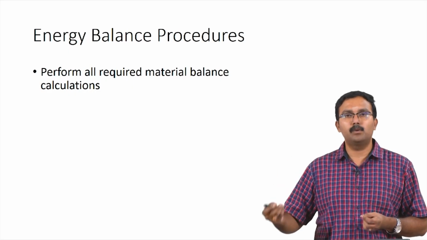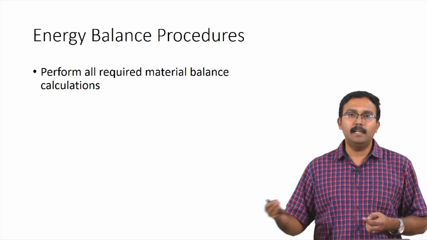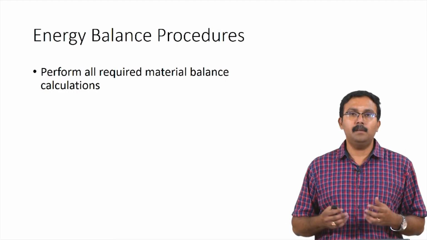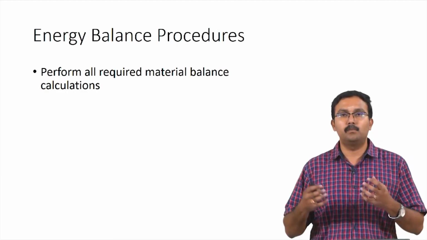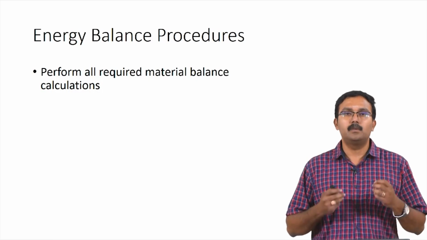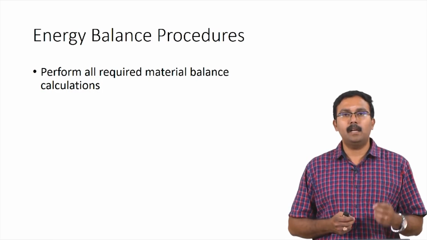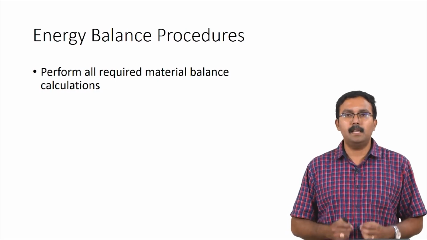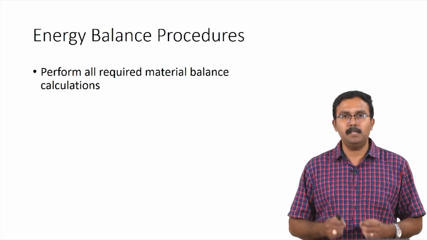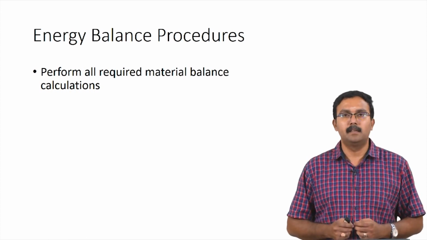Similarly, if you have a closed system, you would have to calculate total internal energy changes. So, this can be done only when the mass flow rates or masses or moles or molar flow rates are known. So, this means understanding and calculating all the material balances is crucial. So, the first step for any energy balance problem is to perform material balances.